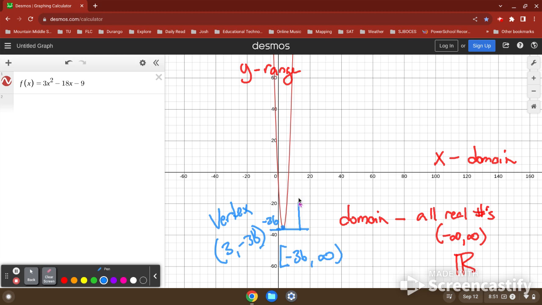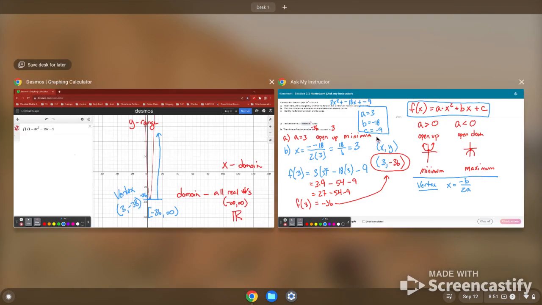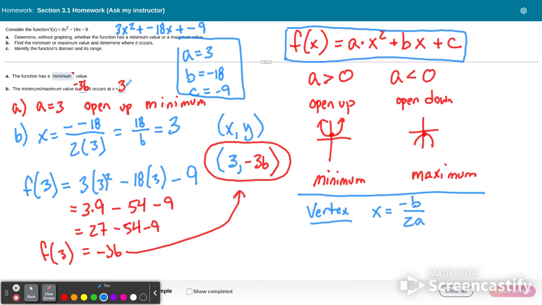It starts here and goes up forever and ever. All right, so that was domain and range, just practicing that terminology. I know the problem said don't use a graph, but I think looking at a graph will help solidify the concept. So now let's go back to our problem and take a look at how we would put that in.